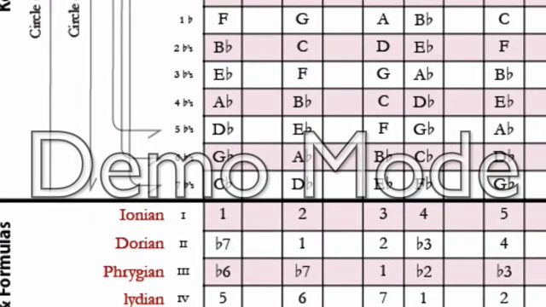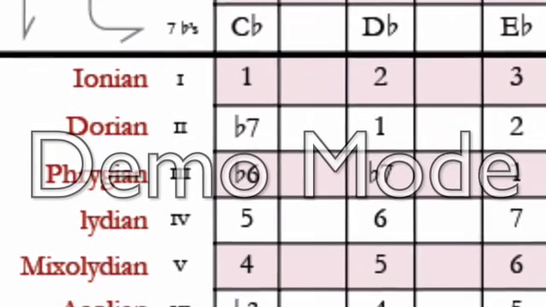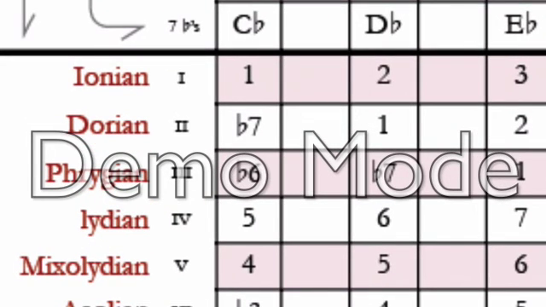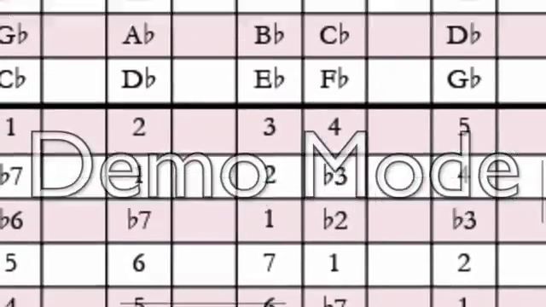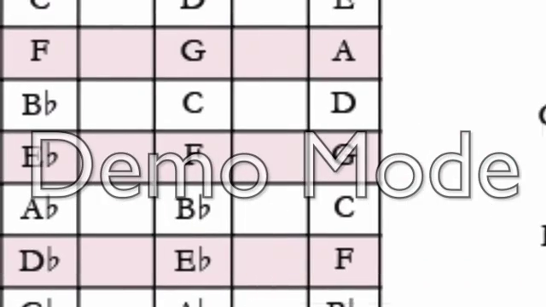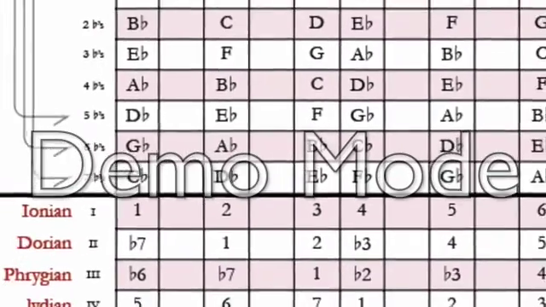But if you also wanted to be in the Phrygian and you want to be in the key of C, go down till you find the third mode, Phrygian, and in that same row you find the first degree again, and you move upwards in that column until you find C. Now moving right from this point, you'll find the notes in the Phrygian key of C. You've got C, D flat, E flat, F, and G. When you hit the end of the chart, you go back to the left side of it, and you get your A flat and your B flat, and you come back to C. That will make your C Phrygian.